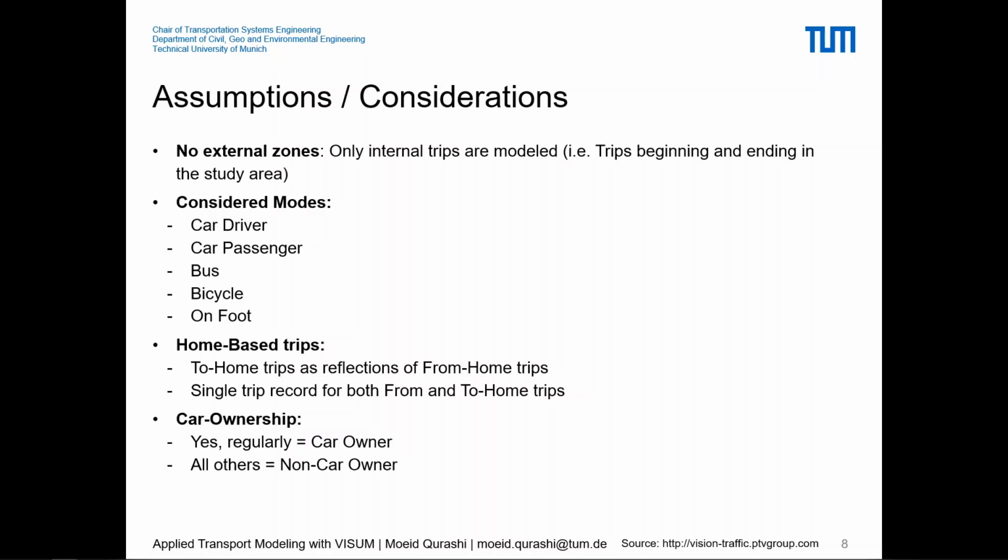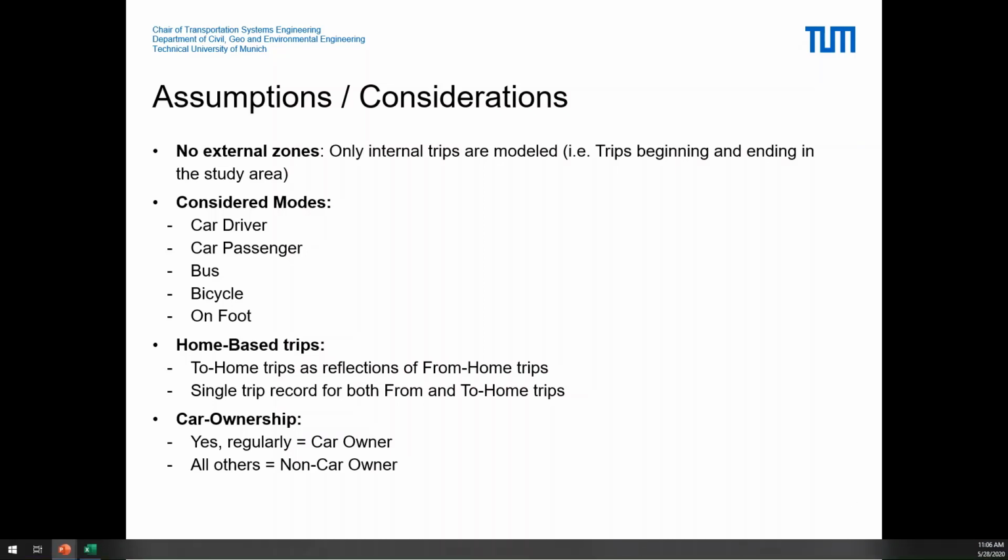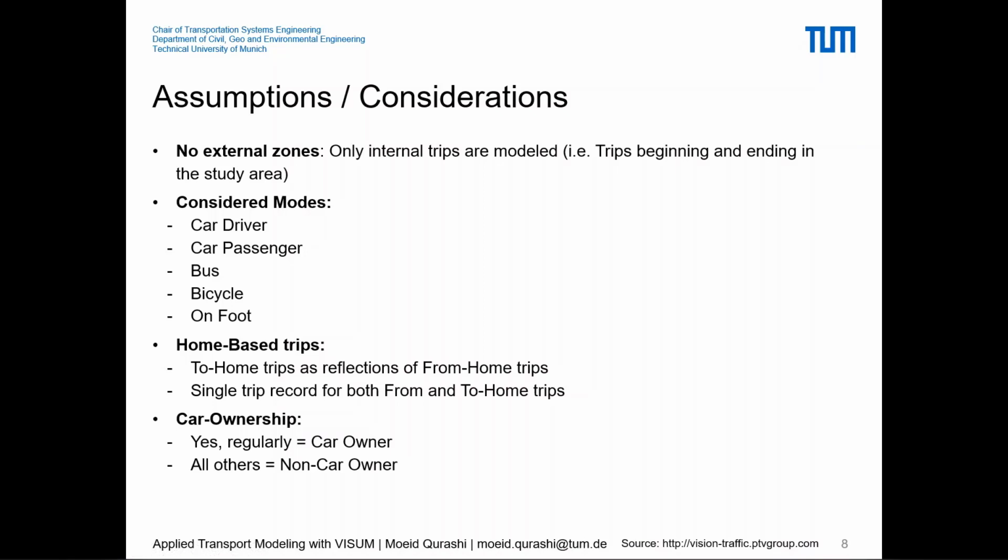And then you can also consider there can be some traffic that is either going through the city or coming into our study area from outside, or going out from our study area to outside.